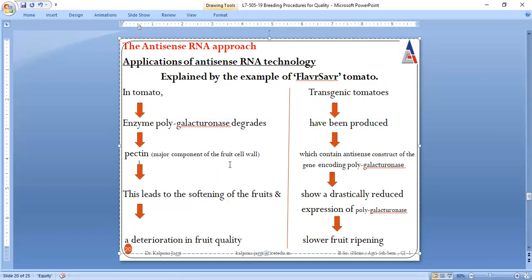Cell wall is hard in nature, and when there is a lesser amount of pectin or there is breakage of pectin, it in turn leads to softening of the fruit.